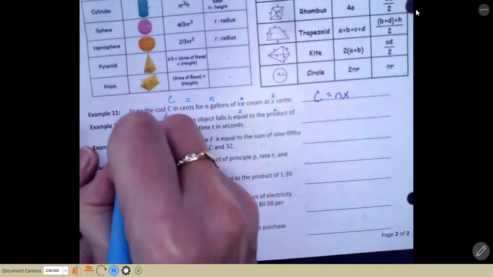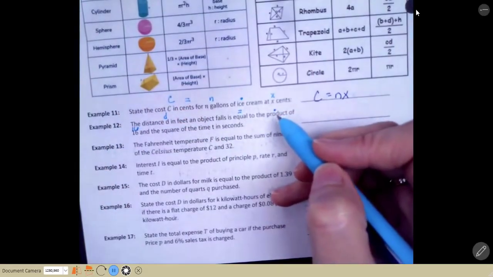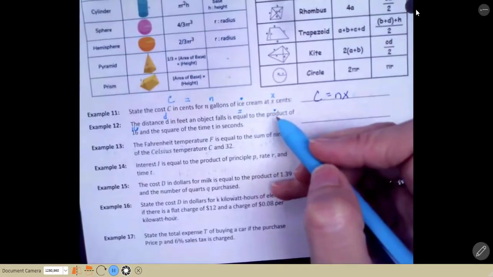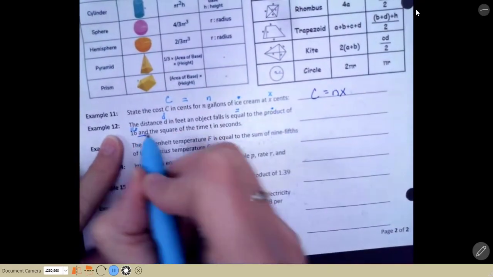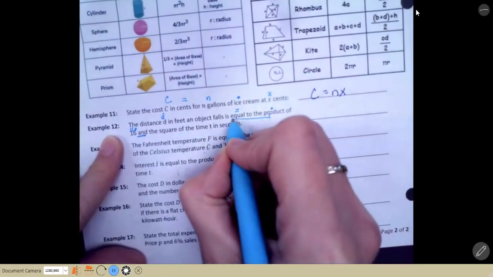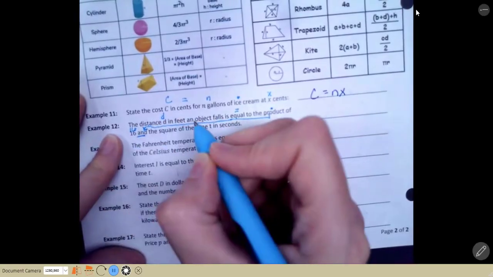Where is that multiplication symbol going to go? Anyone? Yeah. Right, it's going to go right over here where the and is. So we're going to move this right here.